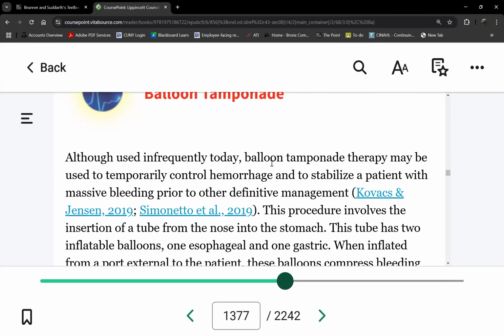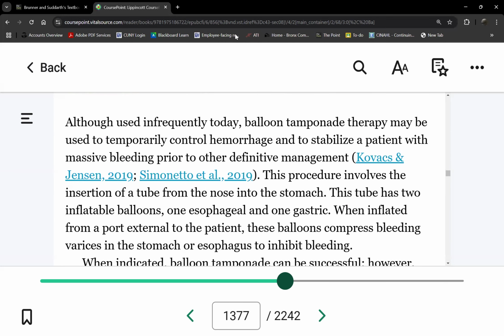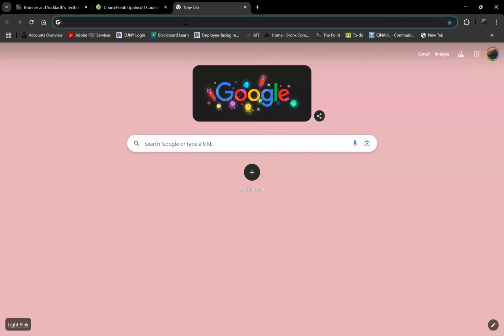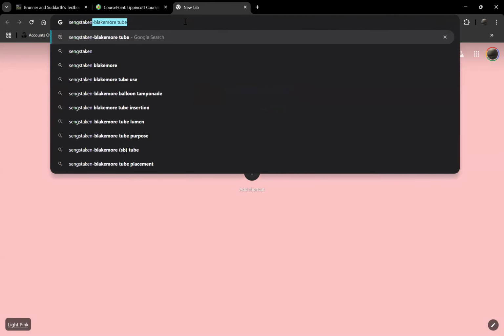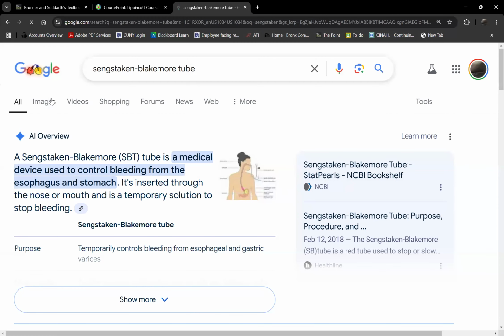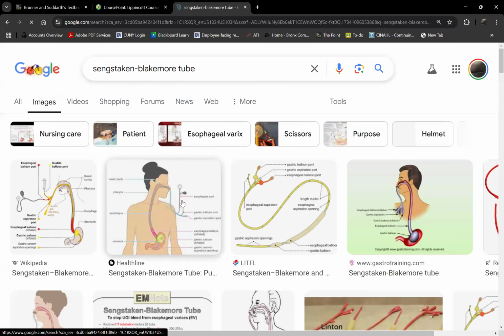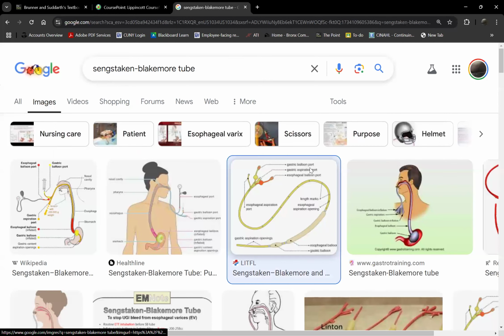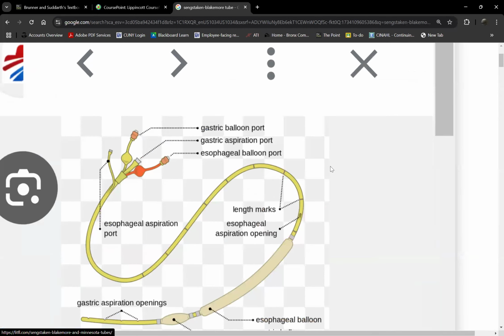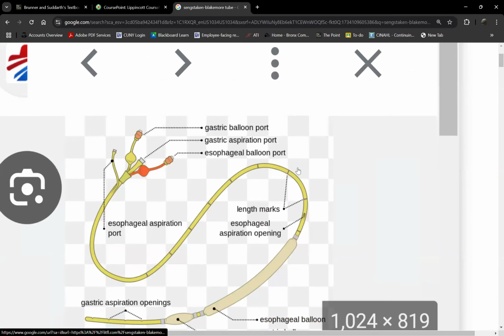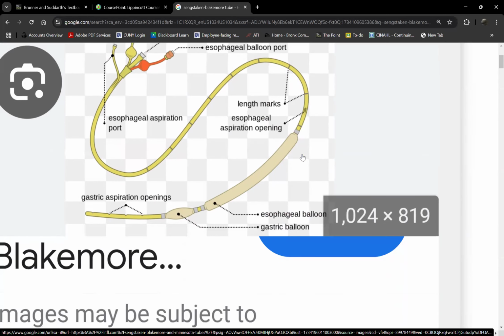So now they'll use a balloon catheter. The name is Sengstaken-Blakemore. So here's the tube. It's like a Foley, but it will have two balloon inflation ports. Actually, three. So you've got gastric balloon, gastric aspiration, and then esophageal balloon. The two balloons are here and here.